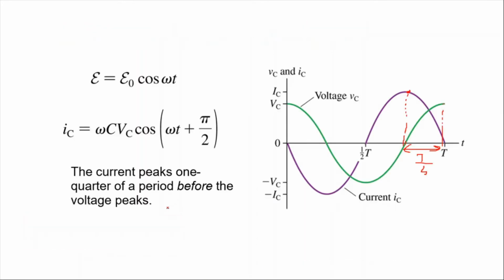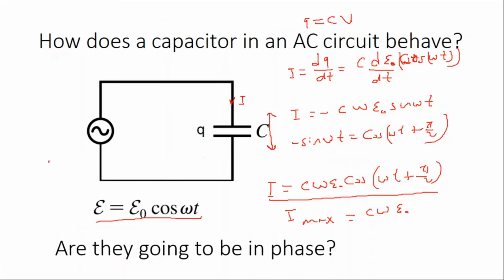Now let's explain physically whether there is a phase difference between them or not. When the current starts flowing to the plates of the capacitor at the beginning, this is the change of current with time. The current is zero and then it becomes maximum, and then it changes like this.